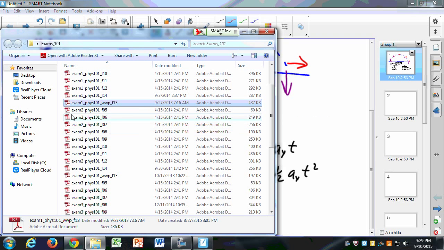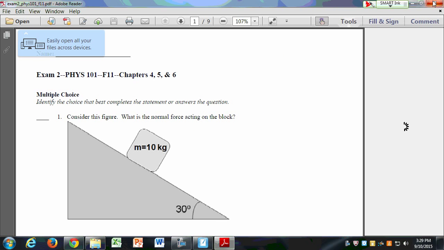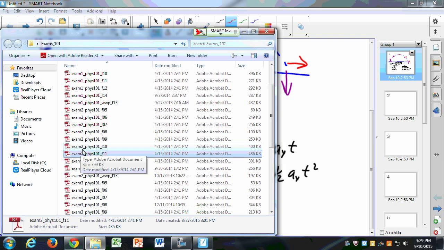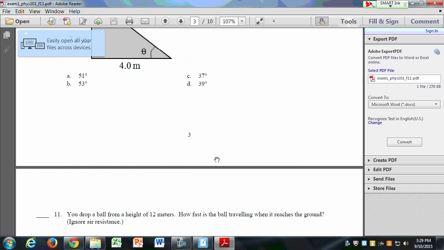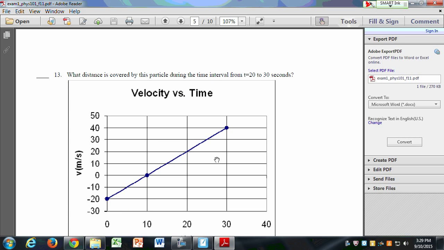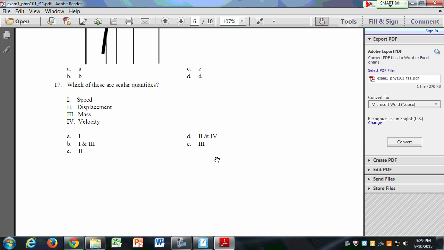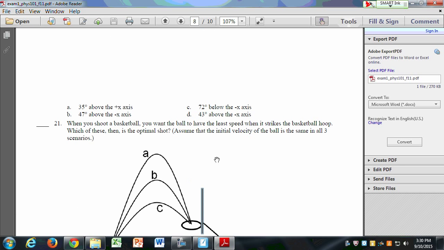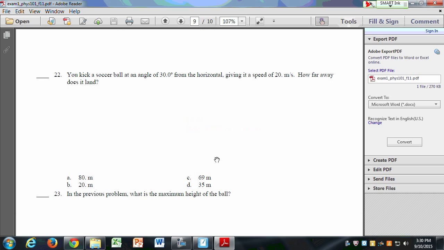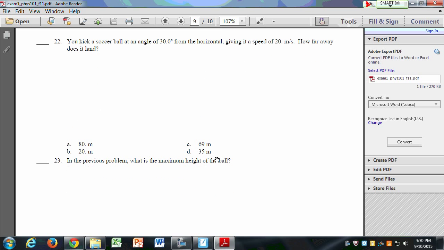That was fall 13. Let's look at fall 11. This is fall 11, exam 1. Okay, this one's very similar to what we wrote before.